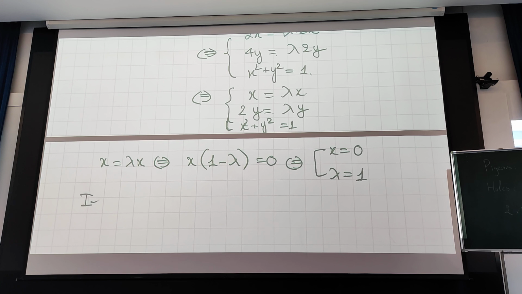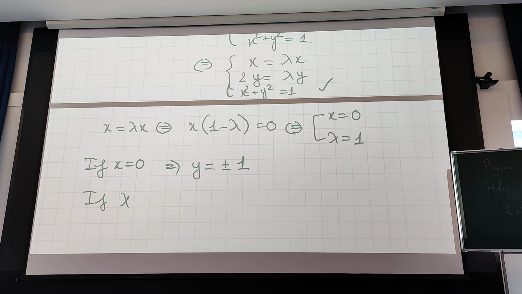If x equal to 0, then from the third equation, you know y squared equal to 1, which means y equal to plus or minus 1.